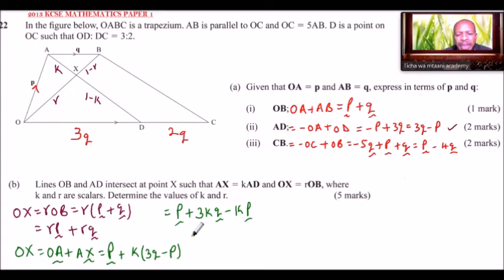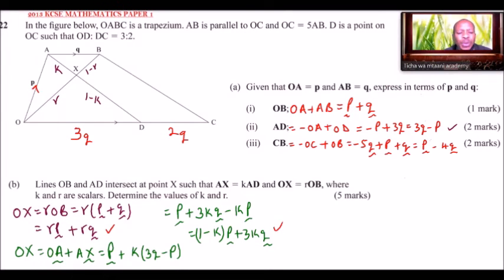So we can put the like terms together, that is P and P, and here we say it is 1 minus K, of P. Then plus 3KQ. So we have managed to express OX in two ways. That is, this is OX and this is OX.